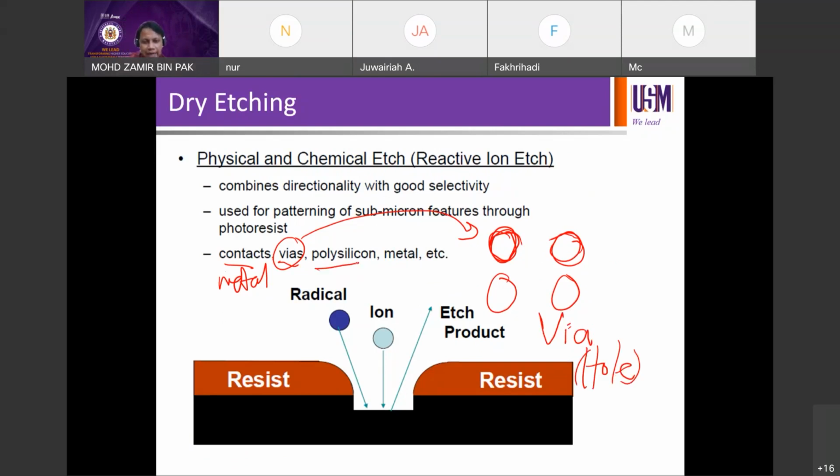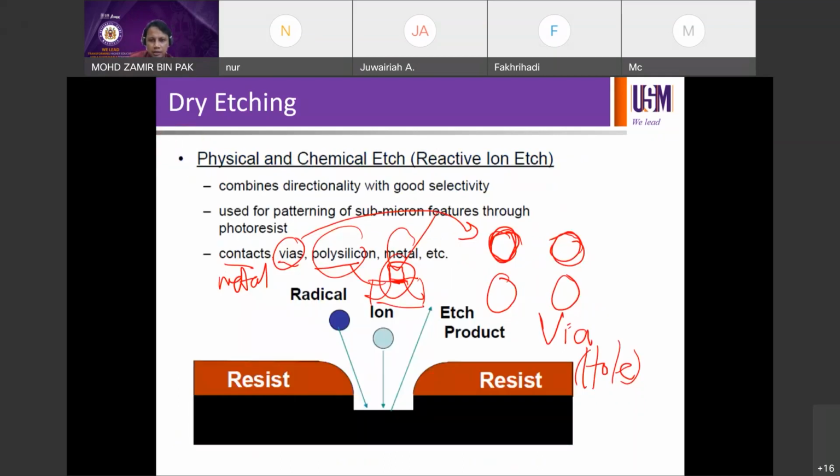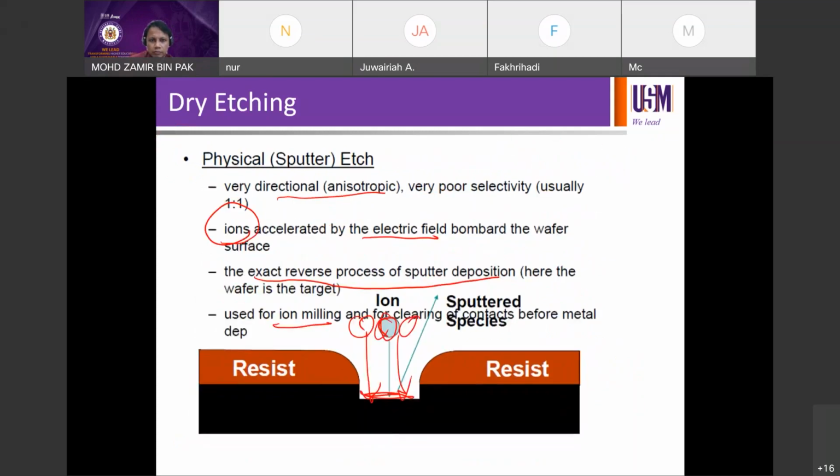Right, polysilicon is the gate, the layer where you print the gate for your MOSFET, for example, the gate oxide, the source and drain. So this is the polysilicon, and the metal for your contact. So you can combine your physical and chemical etching in order to deliver a certain quality of the layers. For example, if you talk about a highly selective silicon etch, this is RIE.